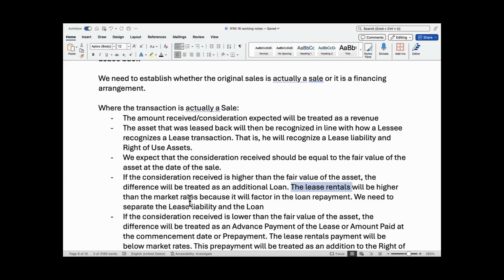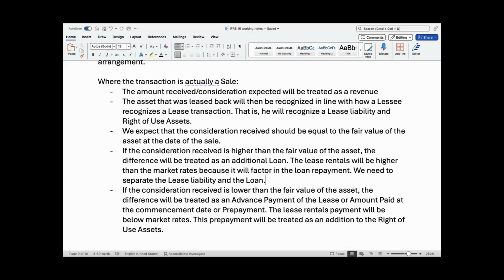So if you just do PV of lease rentals to get your lease liability, you'll be wrong. You have to remove that loan from the amount you get, because they will give you the loan amount. The balance will be the lease liability. I will show you a question that actually settles this. So where the consideration received is higher, that's a loan, and we'll need to separate that loan from the lease liability. Otherwise, it will affect some of your calculations.